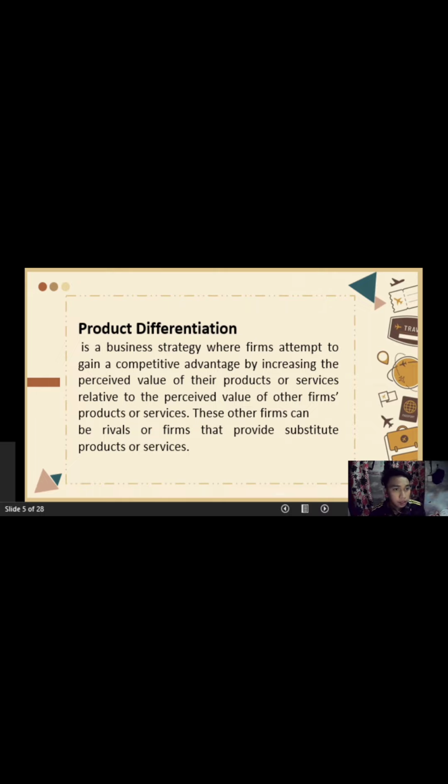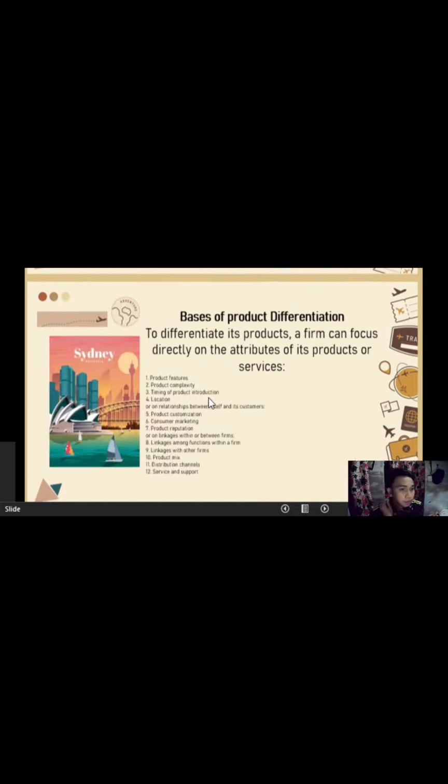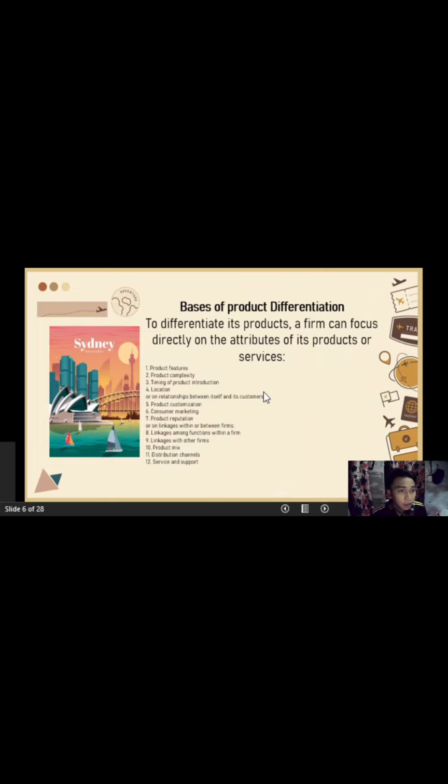Next, let's tackle the bases of product differentiation. To differentiate its product, a firm can focus directly on the attributes of its products or services. Ito yung mga nakalista sa baba.